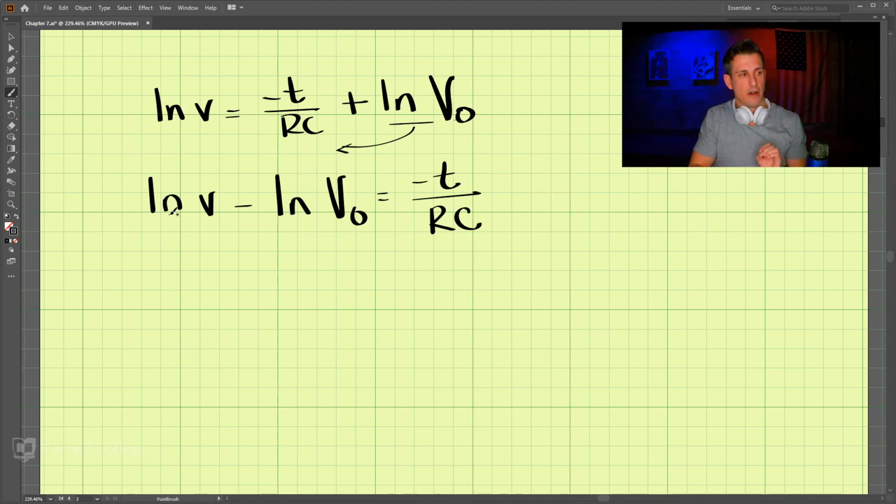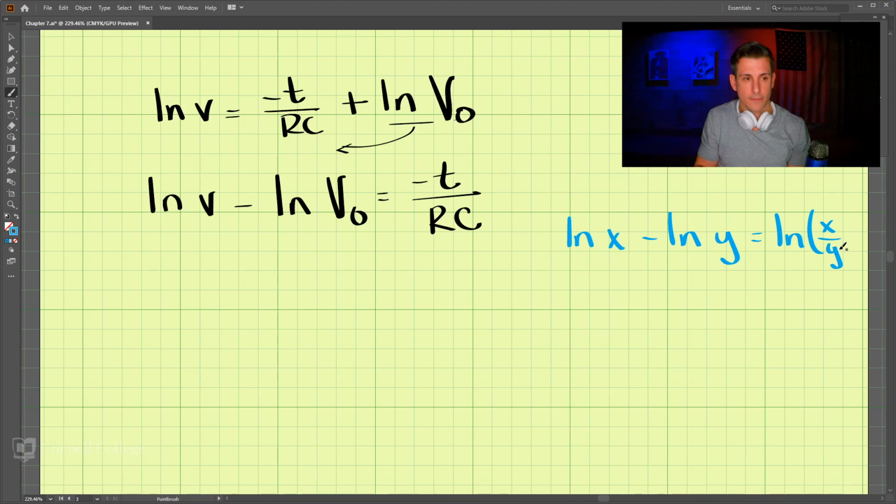Now we can simplify this side over here. Do you remember from math that if you have natural log of x minus natural log of y, this is equal to the natural log of x divided by y?